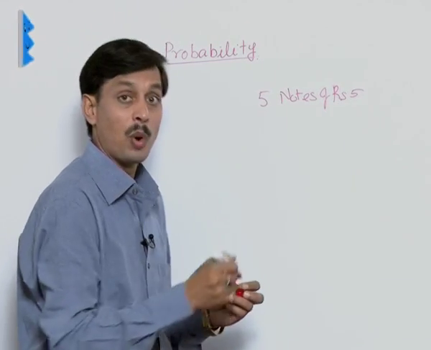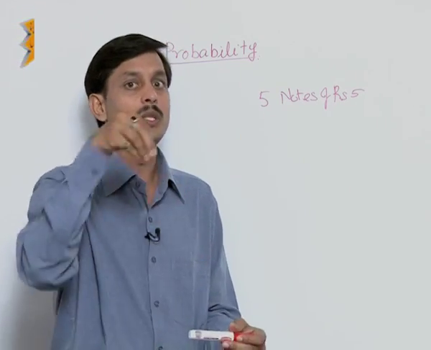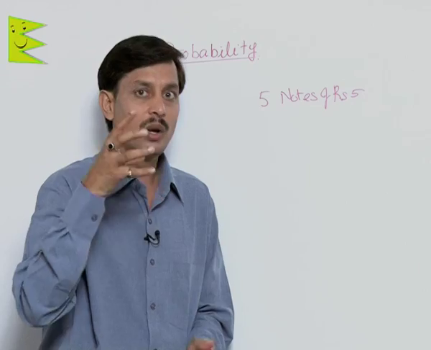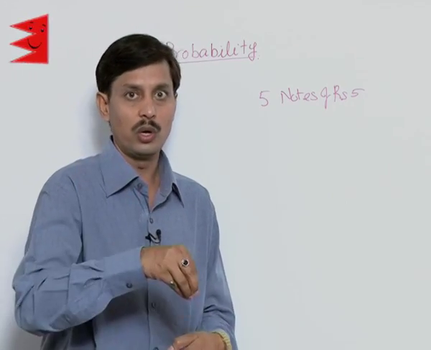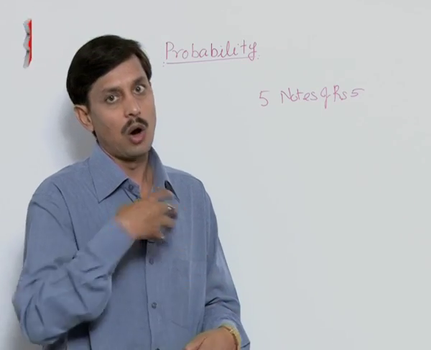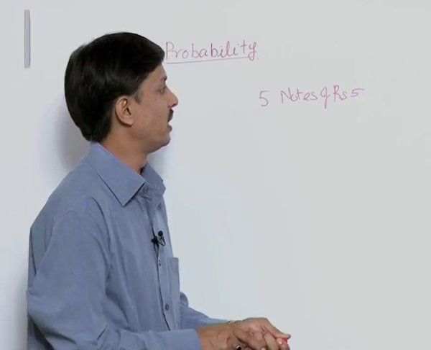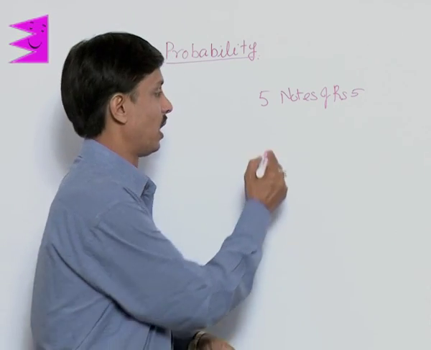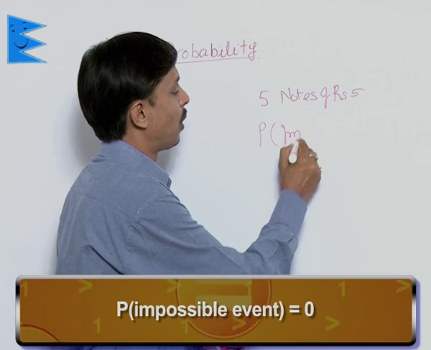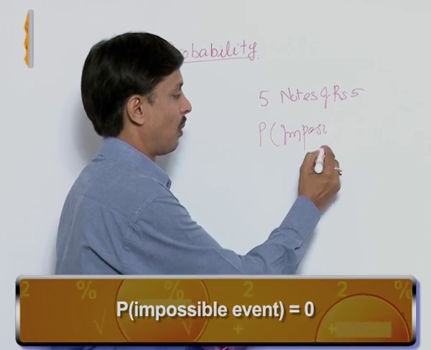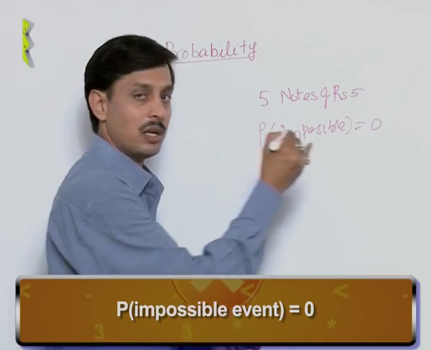What is the probability that a note picked from your purse is of 50 rupees? As there is no note of 50 rupees in your purse, you will say it is an impossible event. And the probability of any impossible event is always 0.